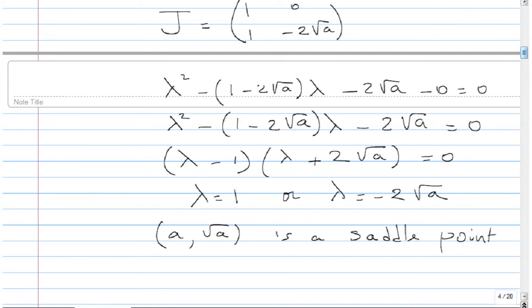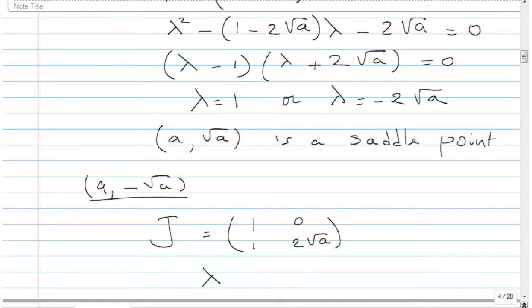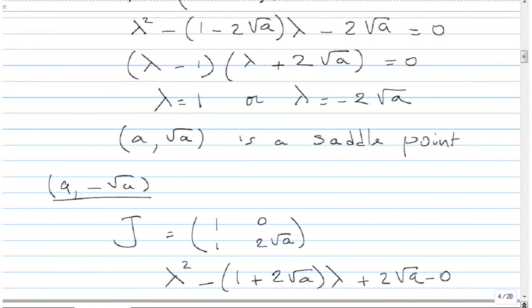The last point is (a, minus square root of a). The Jacobian matrix in this case is [1, 1; 0, 2 square root of a], which gives me lambda squared minus (1 plus 2 square root of a) lambda plus 2 square root of a equals 0.